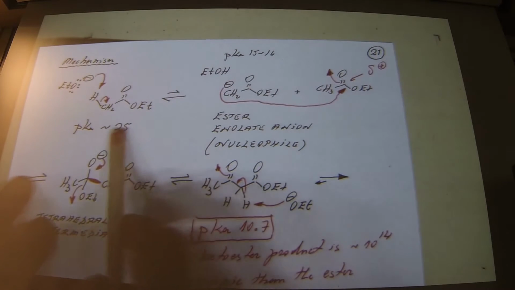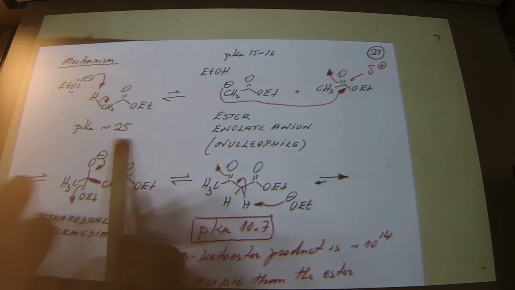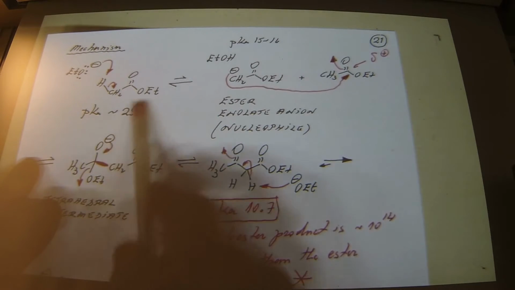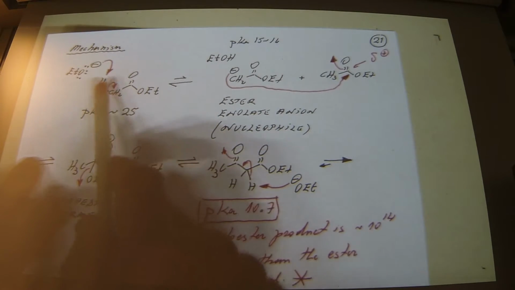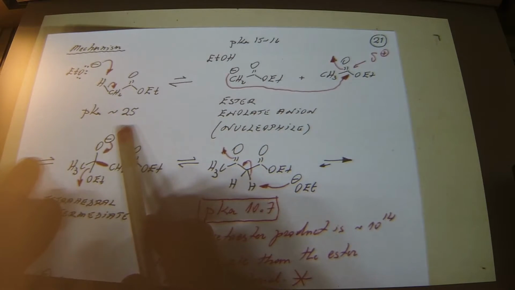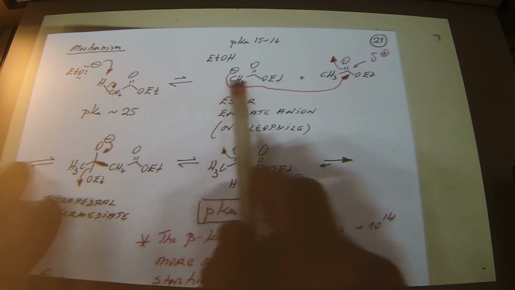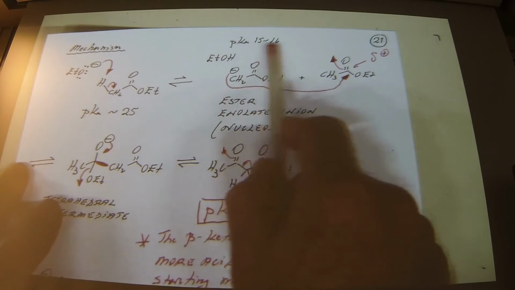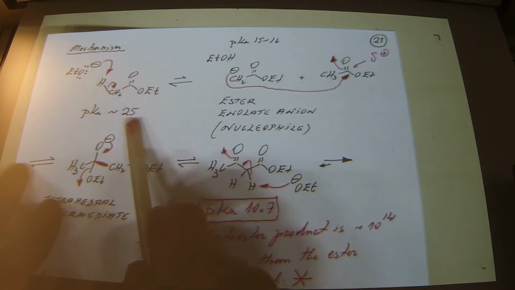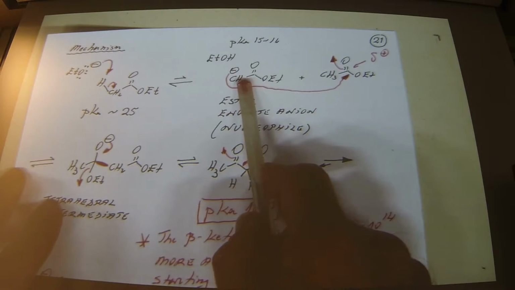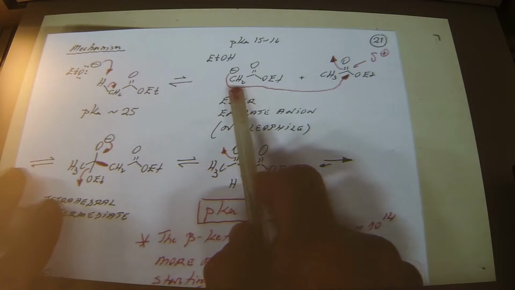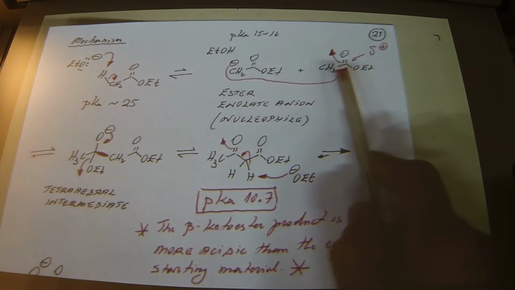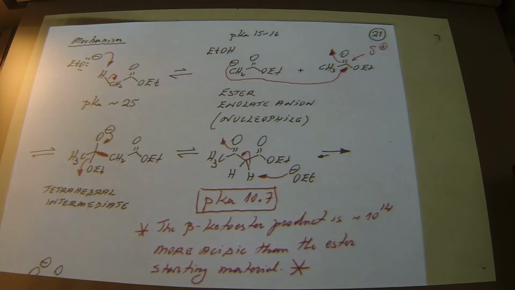So here it is. Now, take a look at the pKa's though, because that's going to become important. So you don't have to memorize these, but you know that this proton's not nearly as acidic as that of a ketone or an aldehyde. And so the equilibrium is going to greatly favor this and not that, because the pKa of ethanol is around 15 or 16, this is 25, so you have a tiny little bit of this, but this is reactive, and so it sees unenolized ester, and it does the same kind of addition to form a tetrahedral intermediate.